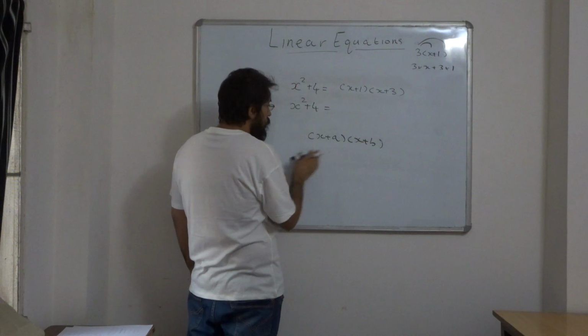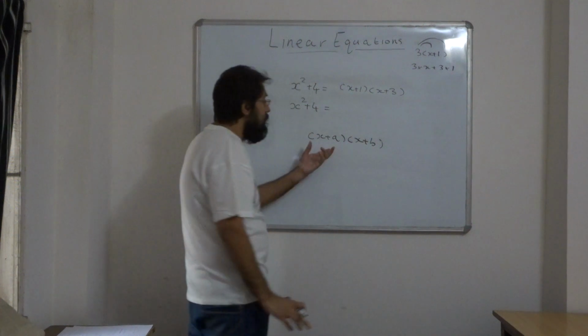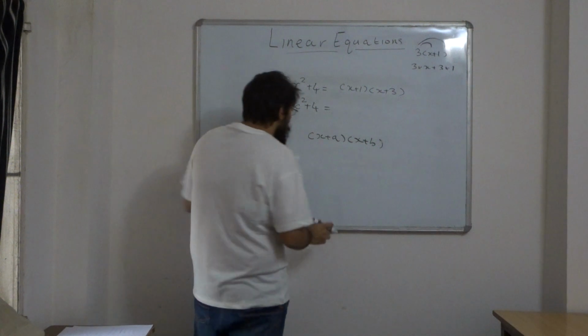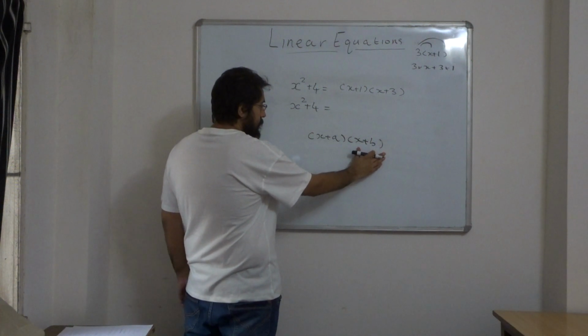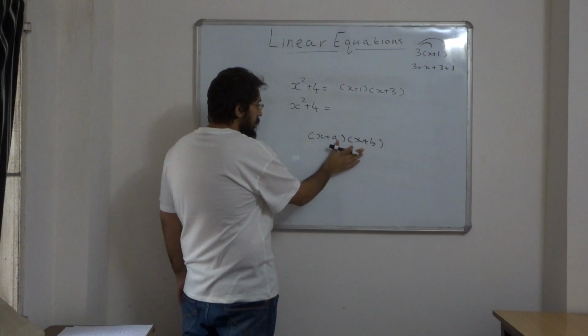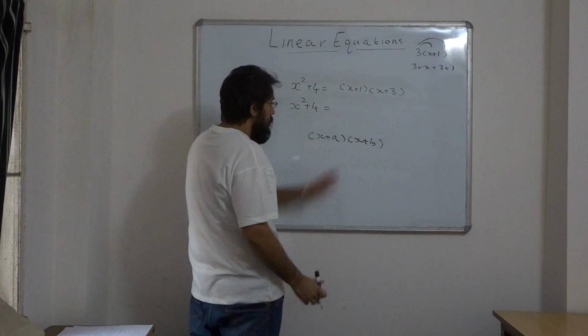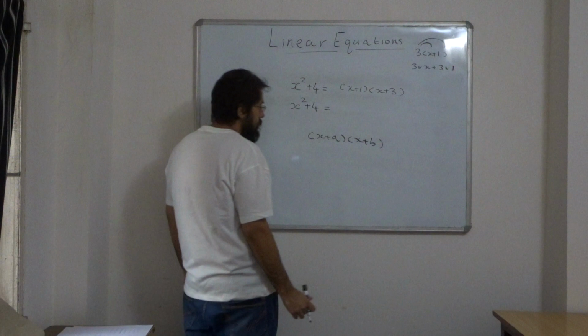You have to use the distributive law twice again, except in a different way. You first multiply x by the bracket here, and then you multiply a by the expression here. So let's do it.